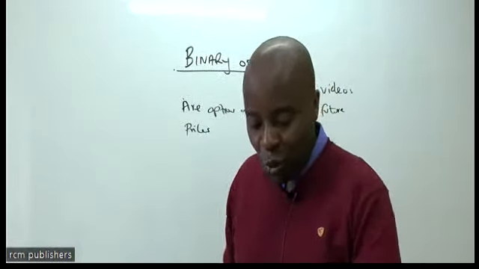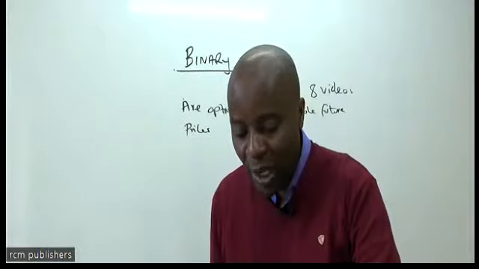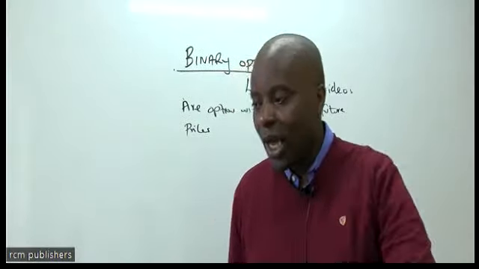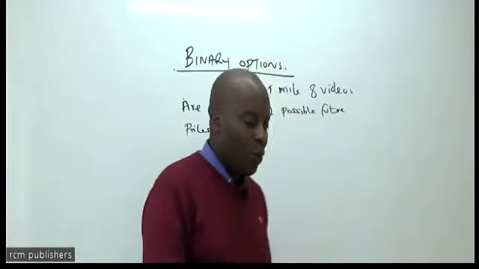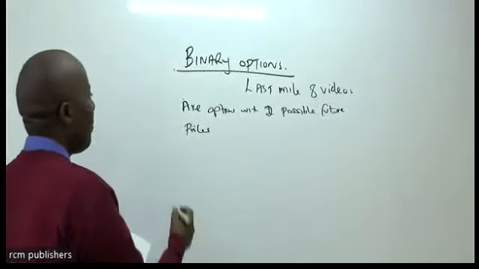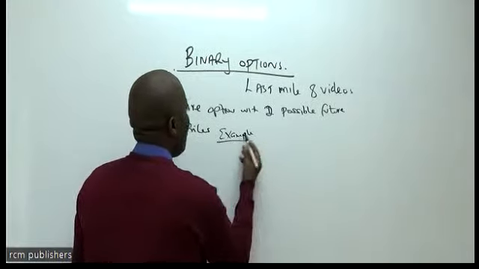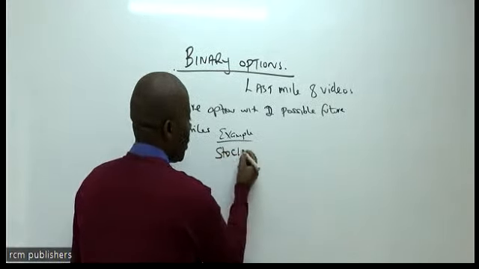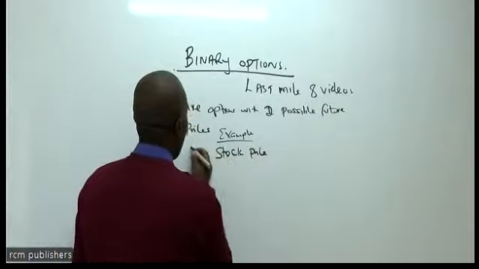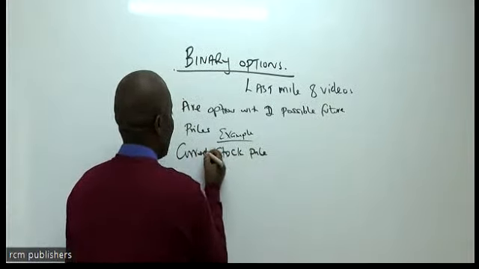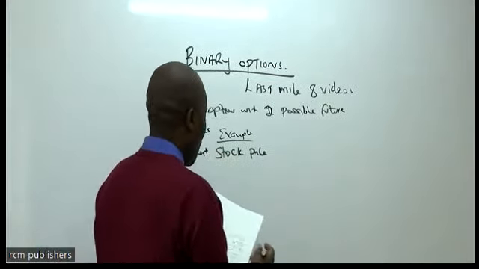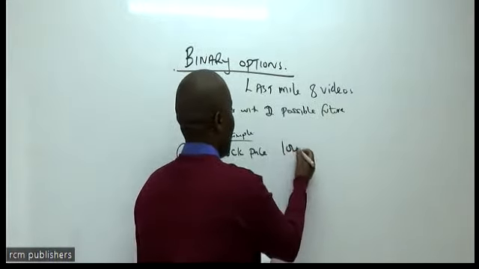So for us to be able to appreciate what Mwalimu is talking about this afternoon, I would want, ladies and gentlemen, to give you an example. In this example, they have given us the stock price, the current stock price. The current stock price is 100 Kenya shillings.